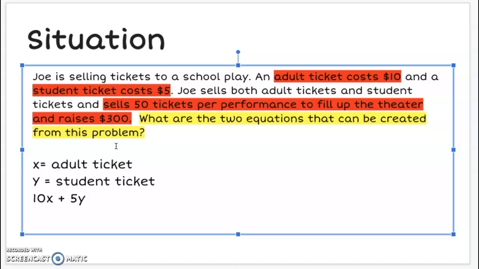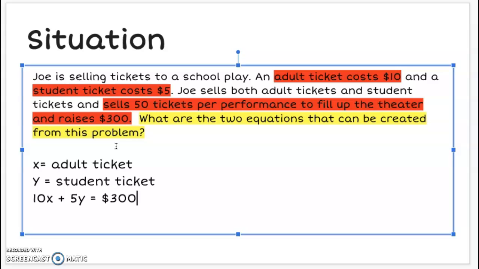Each time he sells a $10 adult ticket, and each time he sells a $5 student ticket, those are all going to combine, and he's going to raise $300.